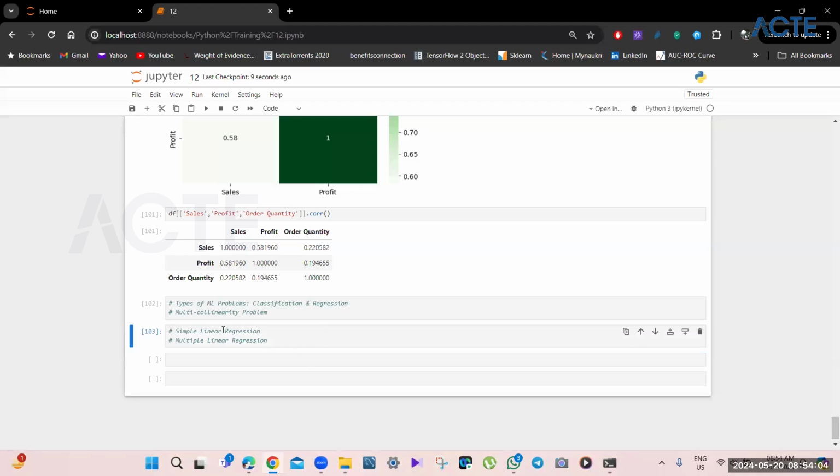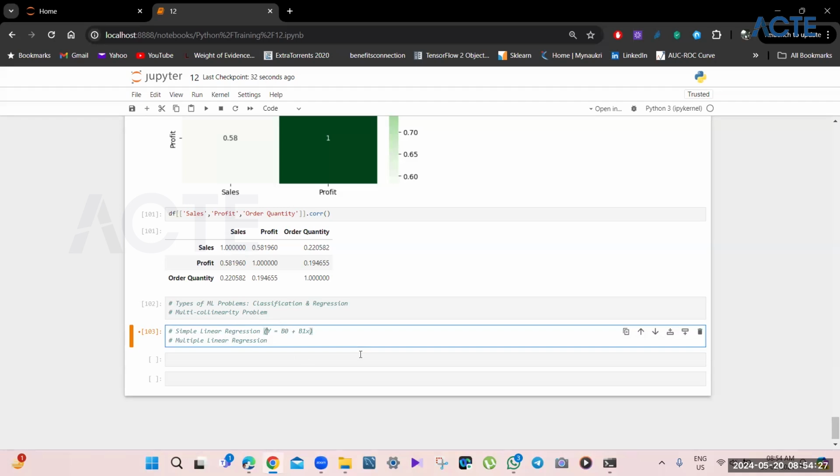Simple linear regression means your equation will be like this: Y is equal to beta 0 plus beta 1 into x. That means x is only 1.